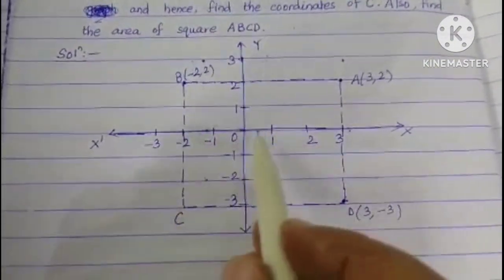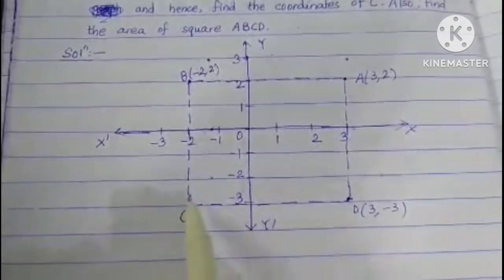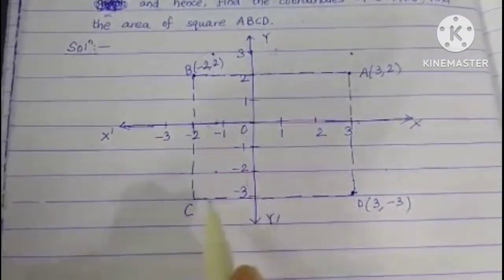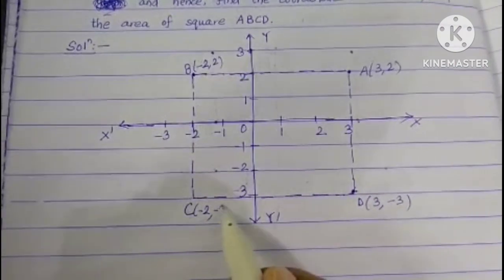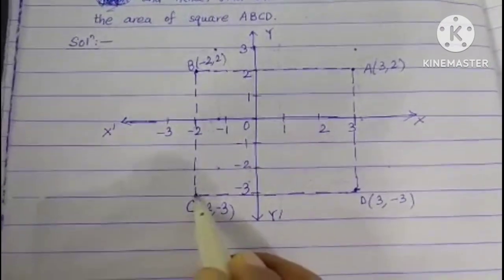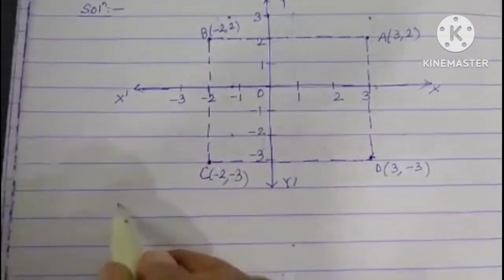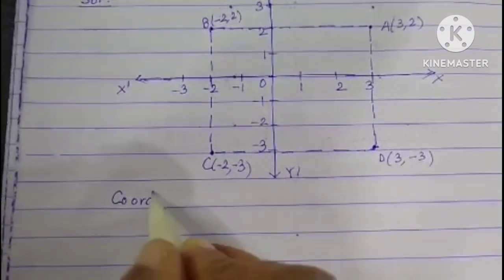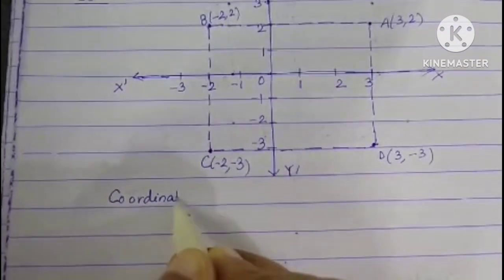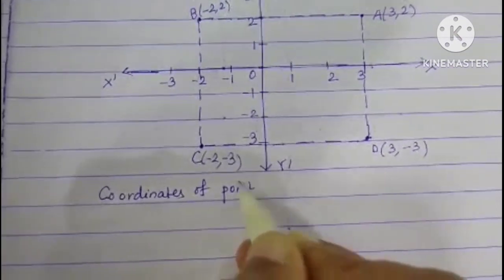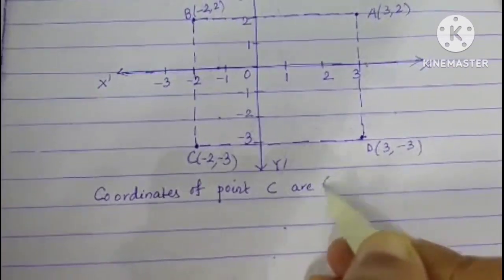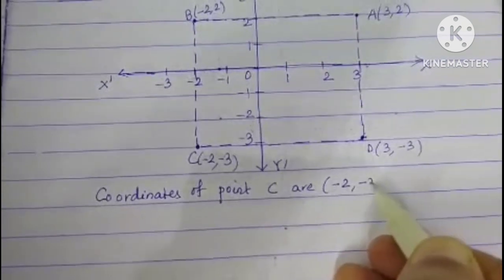The x coordinate will be the same as here, minus 2, and the y coordinate will be minus 3. Since this lies in the third quadrant, the coordinates of point C are (-2, -3).